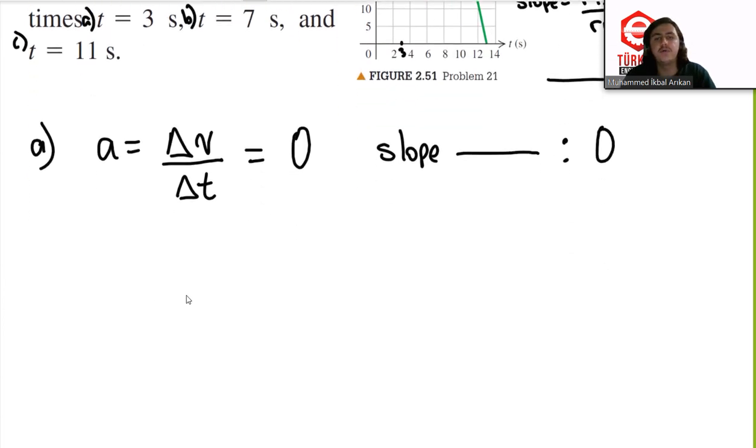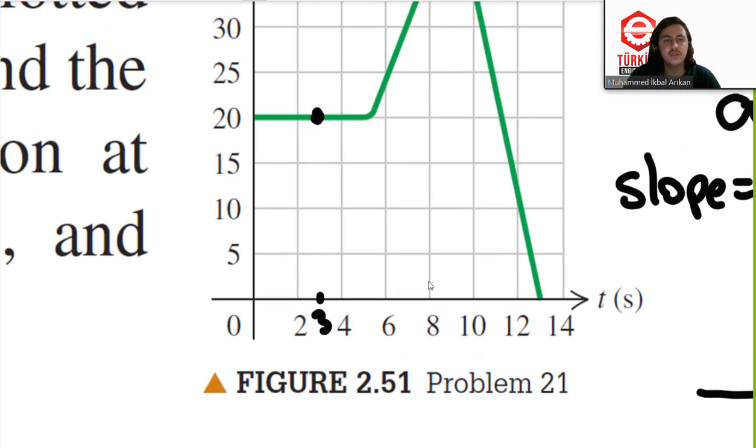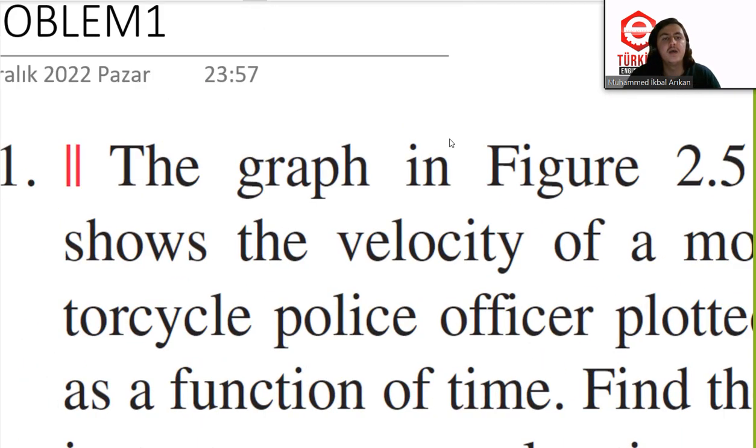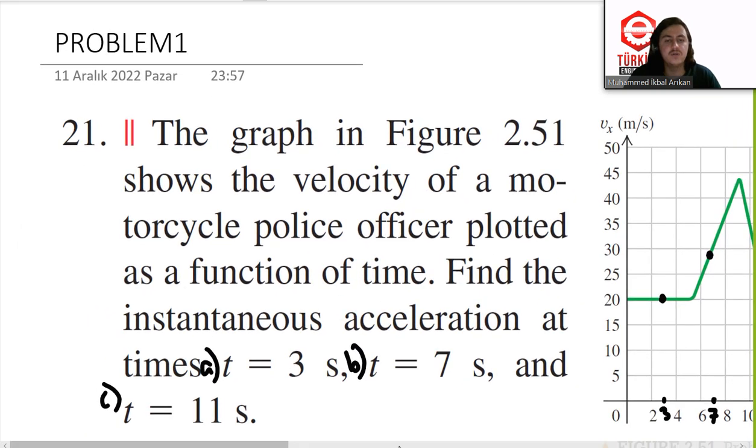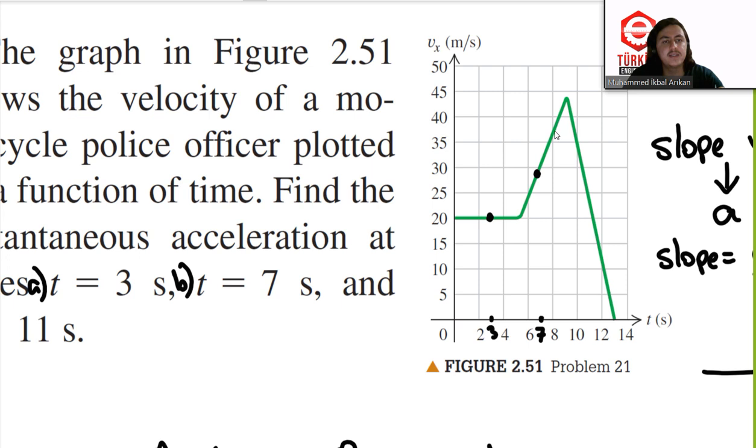What about the second part? When time equals 7 seconds. So let's just zoom, okay? I'm just here, 7 seconds. So go up, so you will be here, right? So your velocity at this time is about 28 meters per second, but it's not asking about the velocity, it's asking about the acceleration.